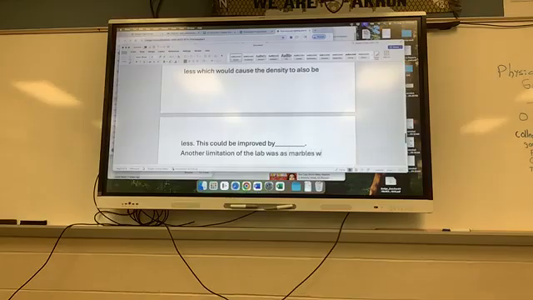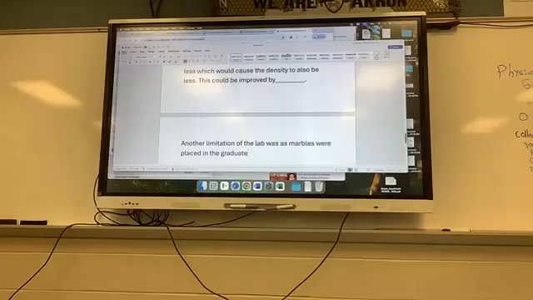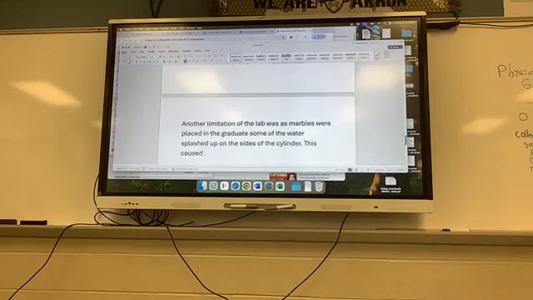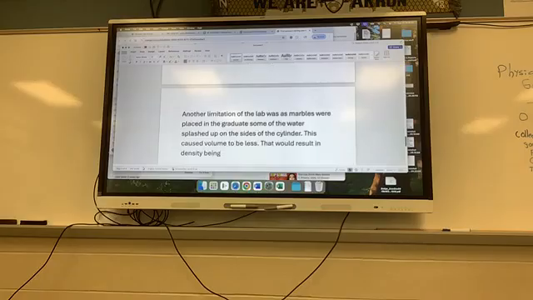As marbles were placed in the graduated cylinder, some of the water splashed up on the sides of the cylinder. This caused volume to be what? Less. That would result in density being greater, higher.